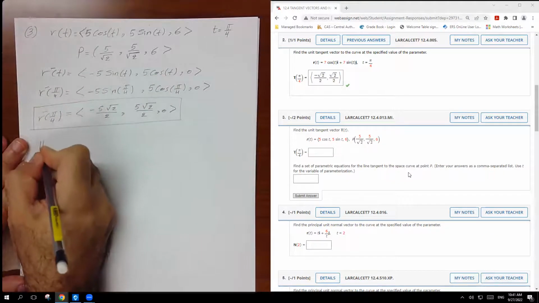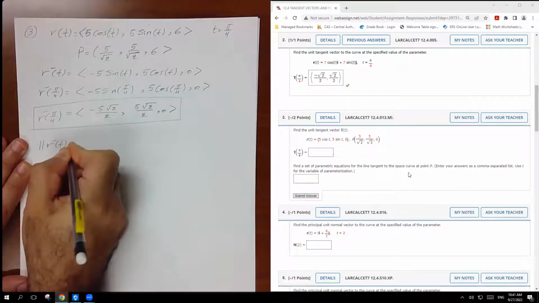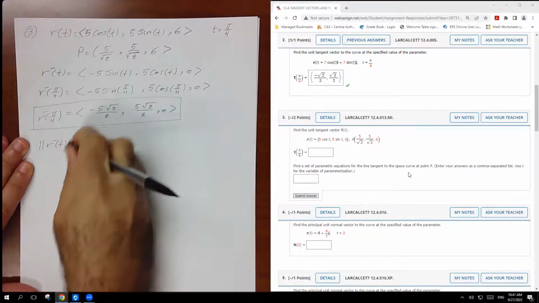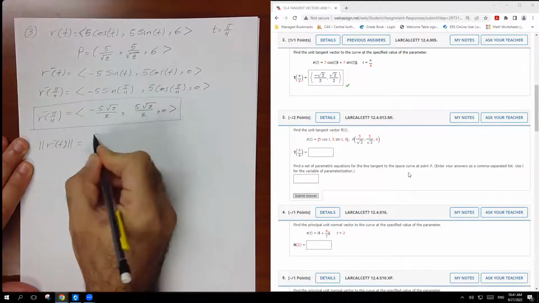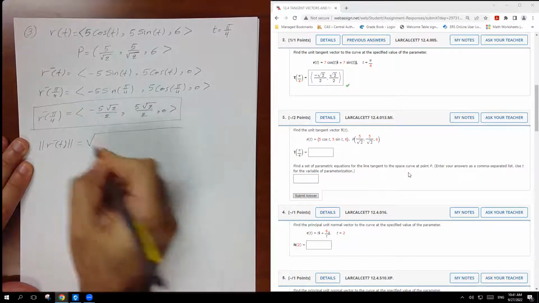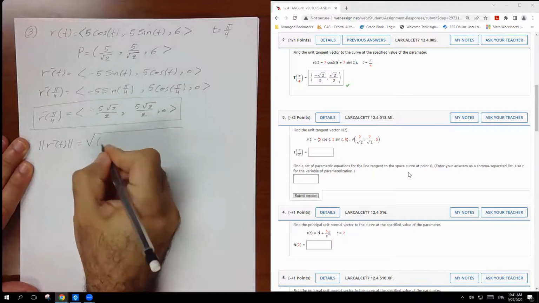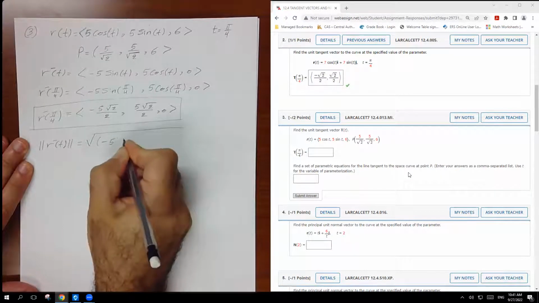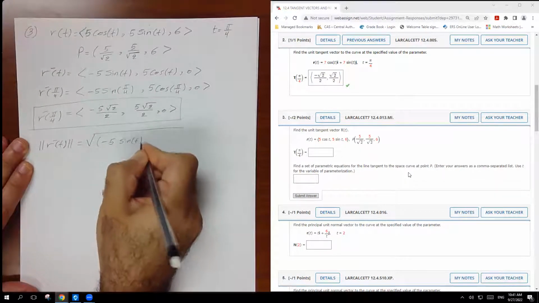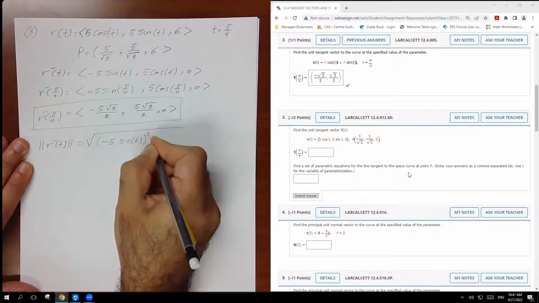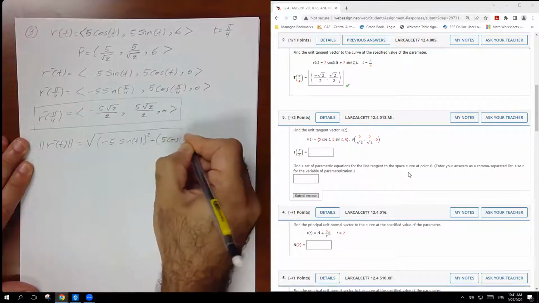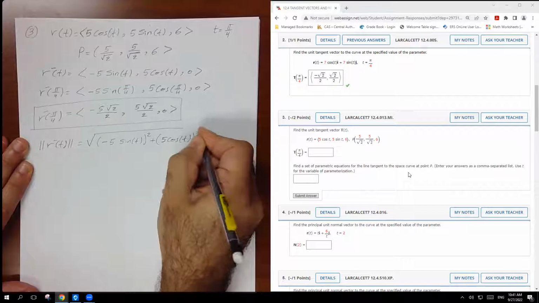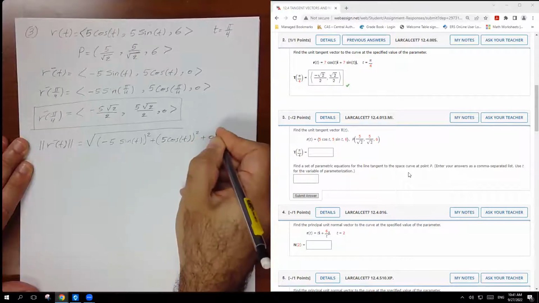The length of r prime of t is going to be the square root of the first component squared, that means negative 5 sine t squared, plus 5 cosine t squared, plus 0 squared.